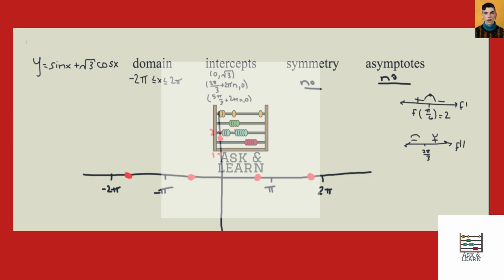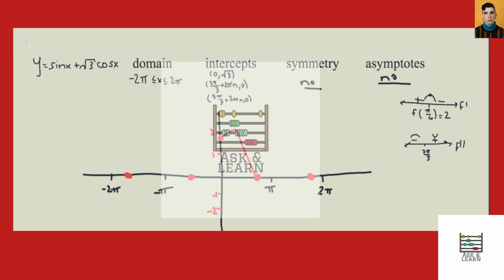So we have a max about here, and it's going to be increasing and then decreasing until we get to our other pi over 6 value. It's going to decrease and hit our next intercept, and then let's say this is -1, and this is -2.